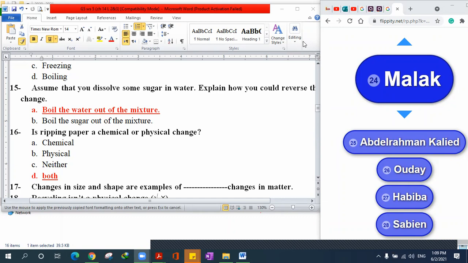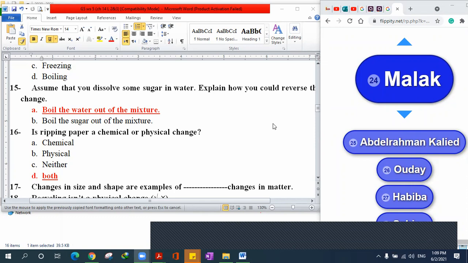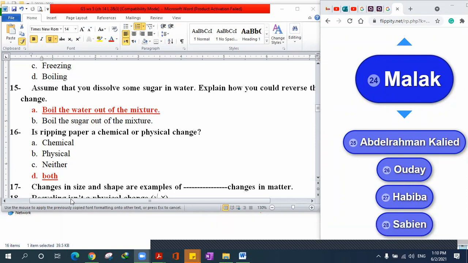Because it's only the fresh water, the H2O, that evaporates. Even if it's salt water, the salt will be left behind and only the fresh water will evaporate. Even in freezing, it's only the fresh water that freezes, not the salt in the water.